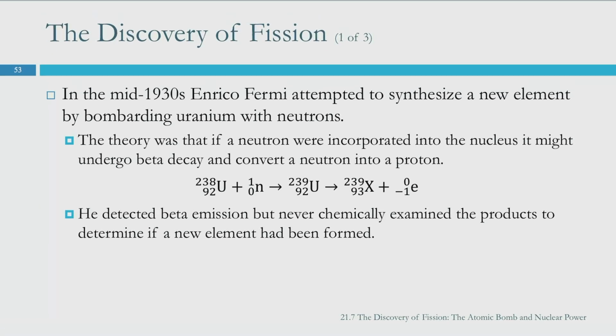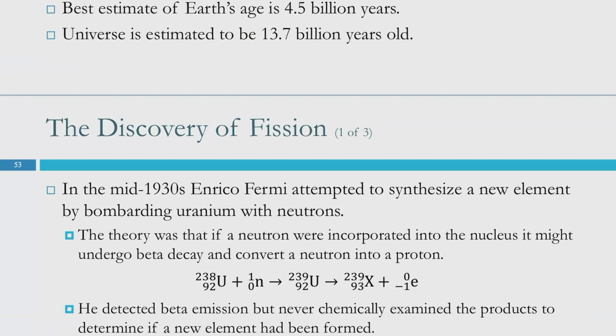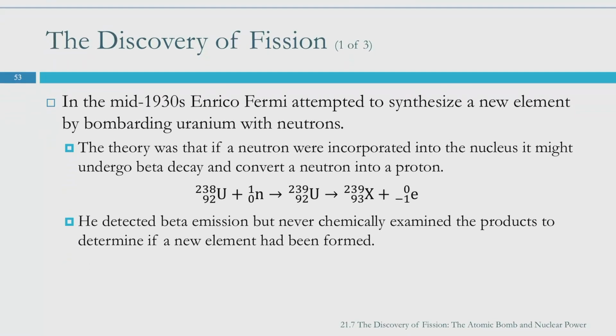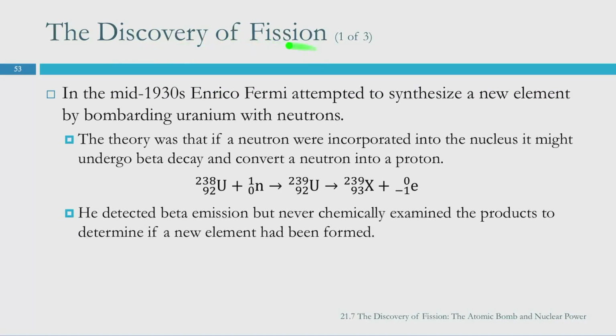Other stuff related to radioactivity. We still have 40 slides left, but we'll talk about fission and other fun stuff. In the mid-1930s, Enrico Fermi, a famous physicist, attempted to synthesize a new element by bombarding uranium with neutrons.